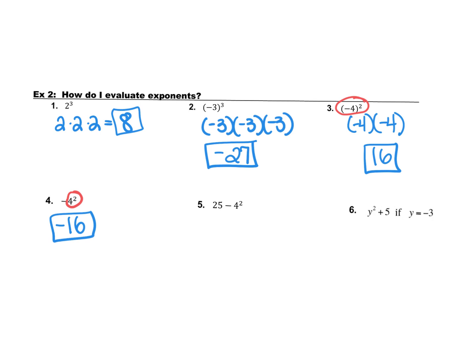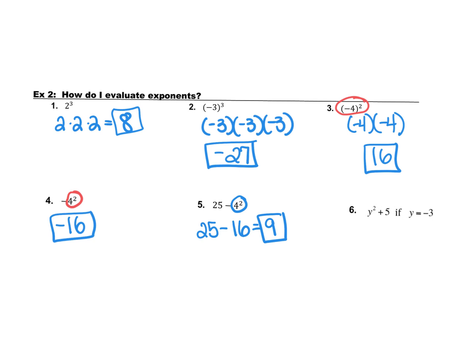So let me show you what it looks like by applying the order of operations. We don't have any parentheses, but we do have exponents. And so I'm going to evaluate this first. So I'm going to have 25 minus, and now I'm going to take 4 squared, 4 times 4, it's 16. And now we're going to just take 25 minus 16, and we'll get 9. All right, and our last one in this section here, we have y squared plus 5 if y is equal to negative 3.